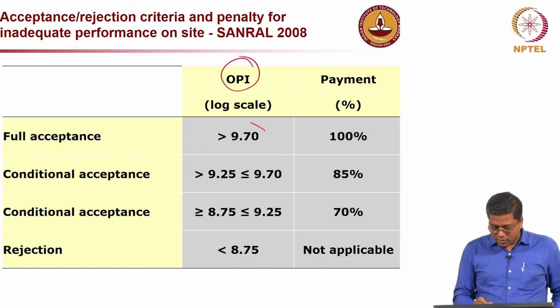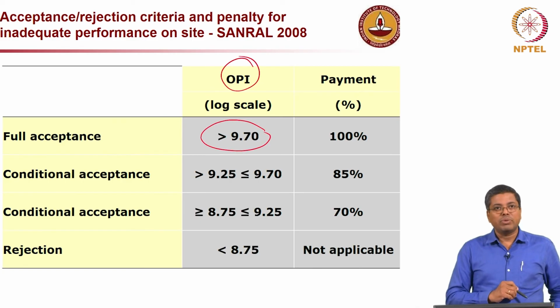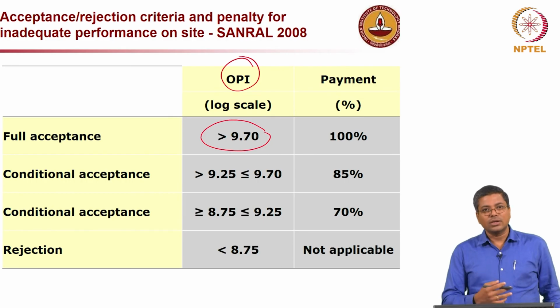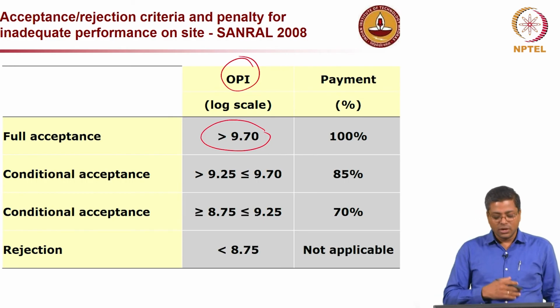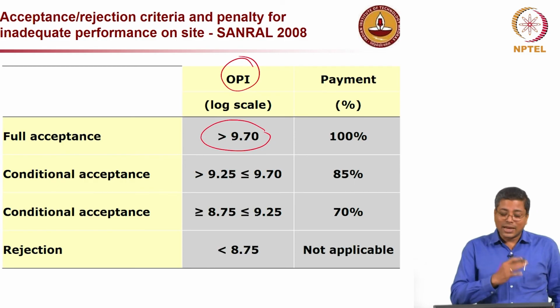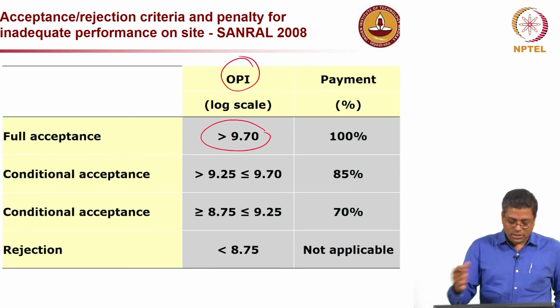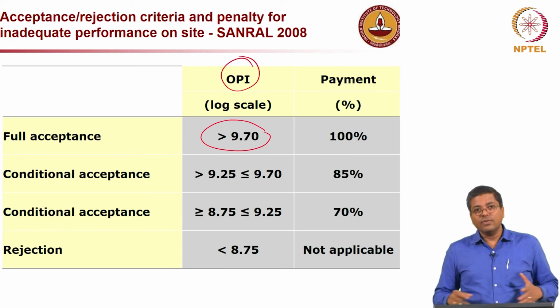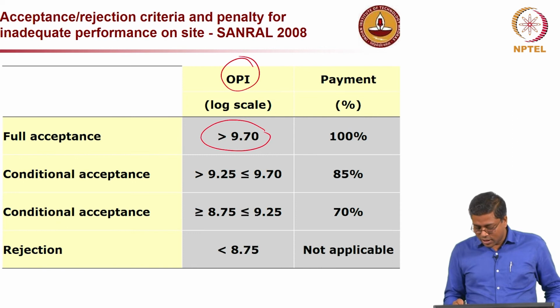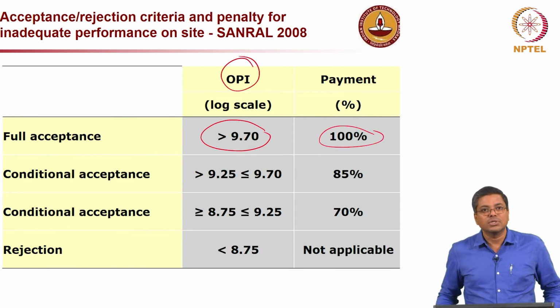The owner told the contractor that after the construction is over, we will do a performance test at random locations on the constructed facility, and if the oxygen permeability index, OPI, is greater than 9.7, then the contractor will get 100% payment.